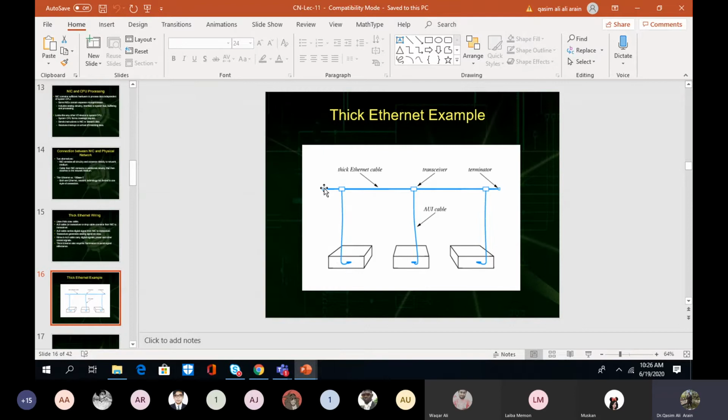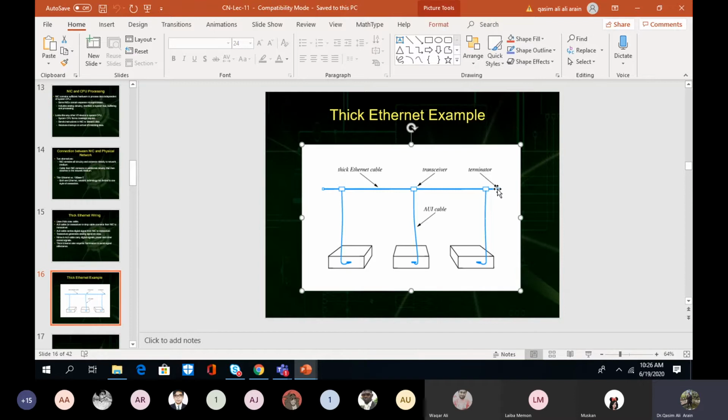Now the first question is, why do you have these terminators fitted? Actually, when your signal is traveling over this particular medium, that is your thick Ethernet cable, when it reaches the destination or the end, it must not be attenuated.